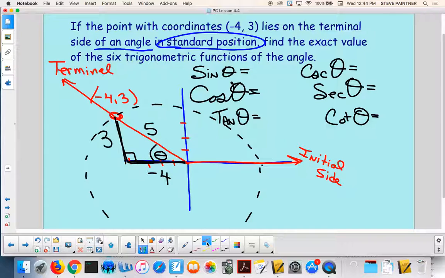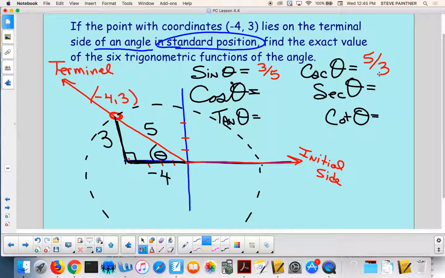So, sine of theta, Connor, what is it? 3/5. What is cosecant? 5/3. Now you guys, did you notice that if sine is positive, cosecant is also positive? Because if you flip a positive, you still stay positive.